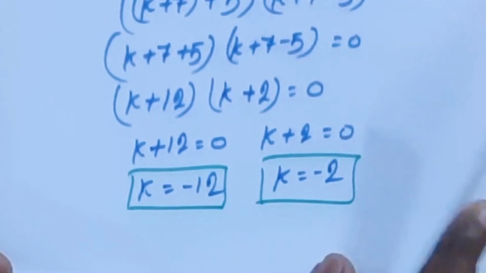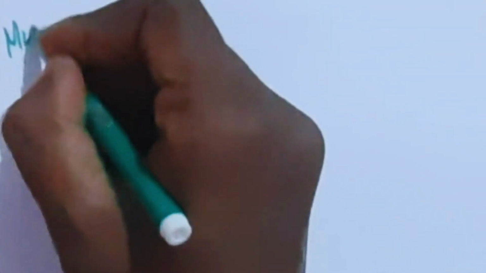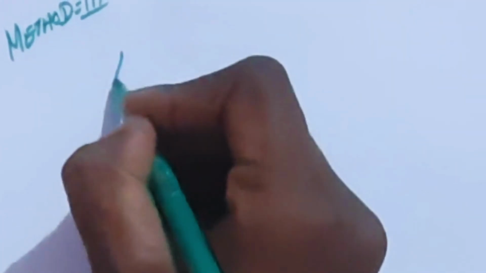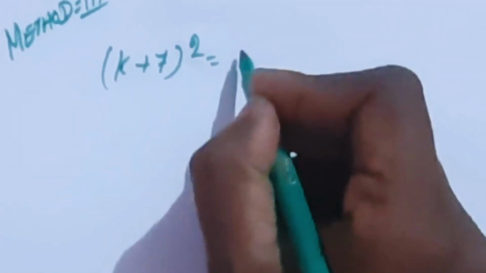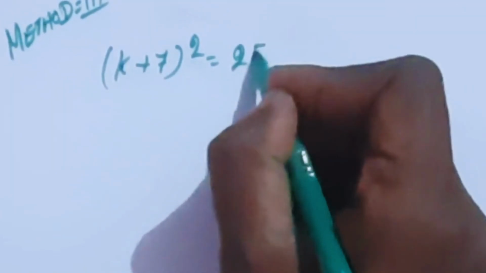Now we are going to try method 3. From this method, (k plus 7) whole square equal to 25. In this method, we are going to take the square root on both sides.